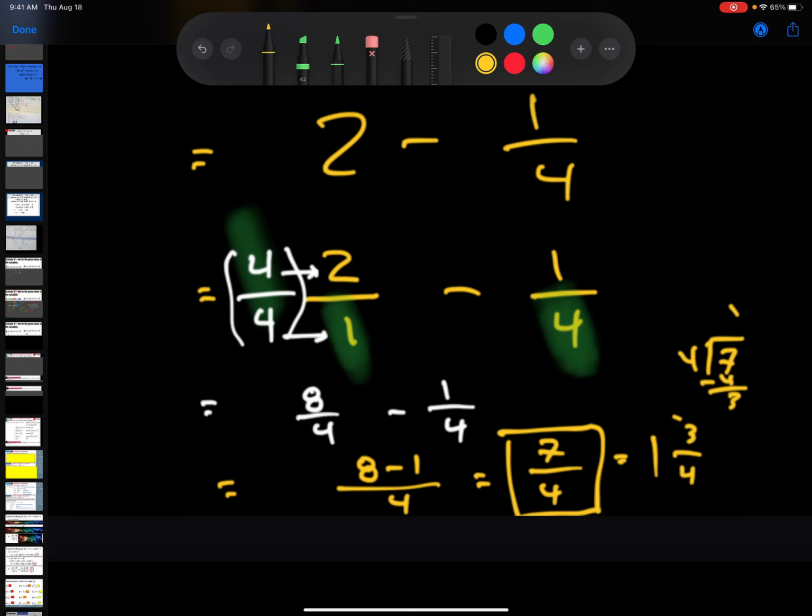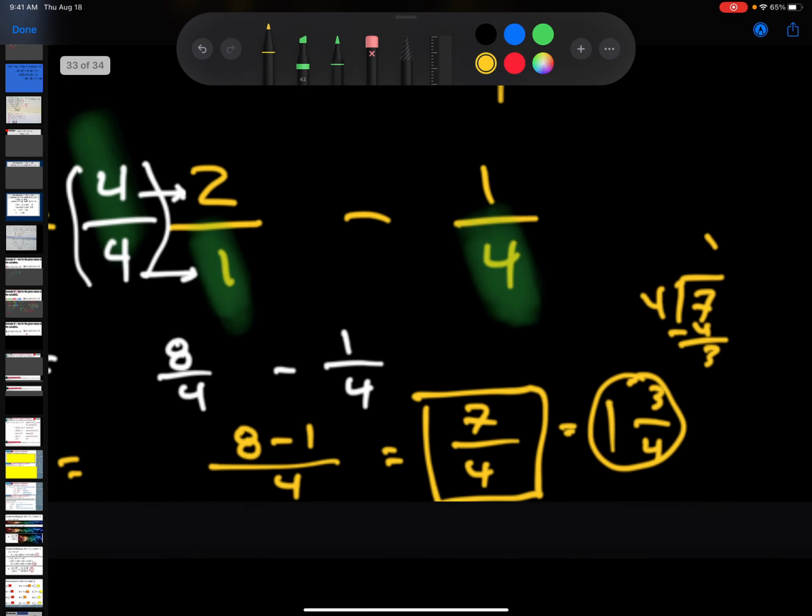So your answer would be 1 3/4. I don't mind 7/4, but number sense, if I said you have 7/4 dollars, you have between how many whole dollars? $1 and $2. Because 1 3/4 is 1.75. Okay? All right.